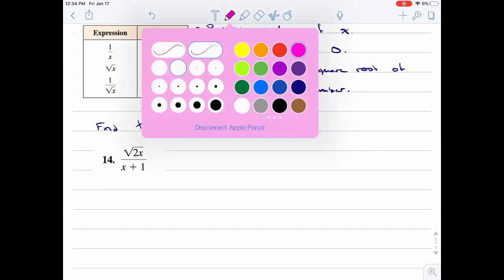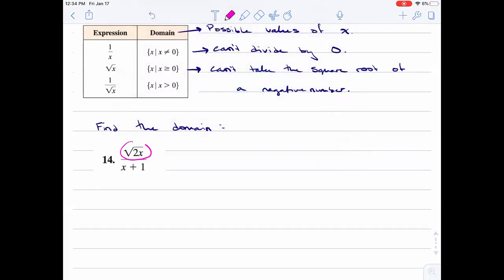And so from this portion here, we know we can't take the square root of a negative. That's the rule from the root 2x.